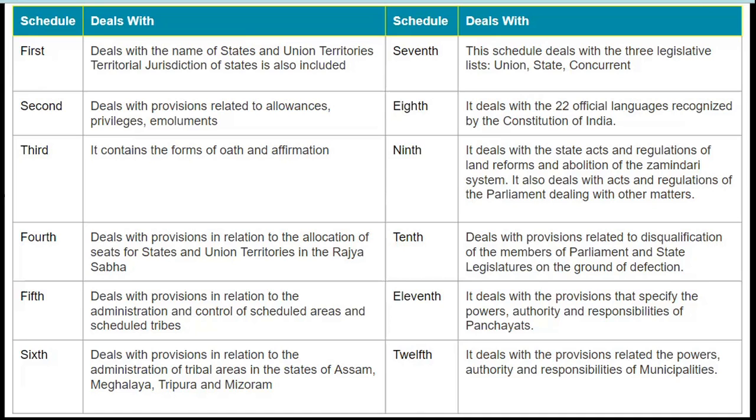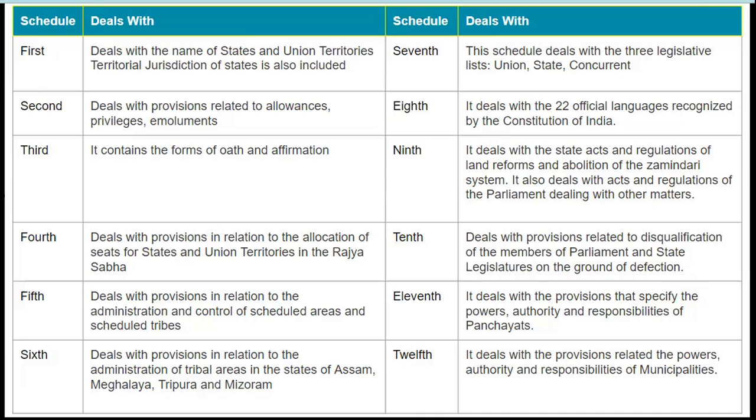So now, first schedule T, territories. Second schedule E talks about emoluments, and third schedule A talks about affirmations and oaths, and fourth schedule R, Rajya Sabha, fifth schedule S, scheduled areas, sixth schedule O, other areas, seventh schedule, federal structure.